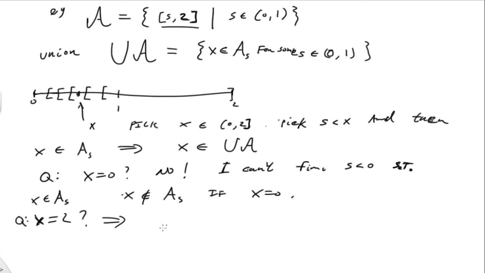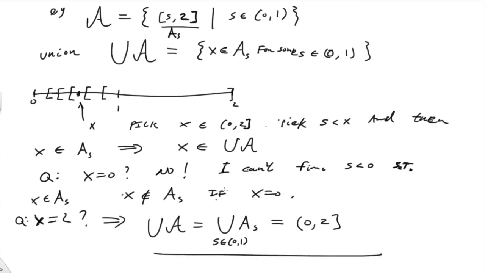So we conclude from this that the union of my collection, which I can also write as the union over s an element of 0 to 1 of all my A_s sets, is going to have to be equal to the semi-open interval 0 to 2. Okay, so there's an example of how to do a union and an intersection of an infinite collection of sets.